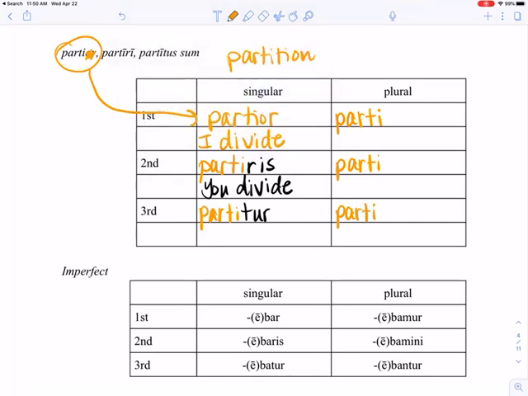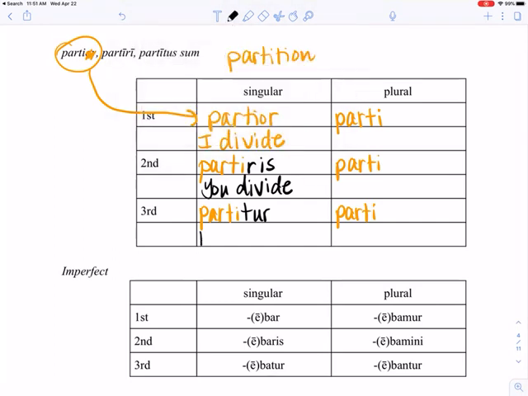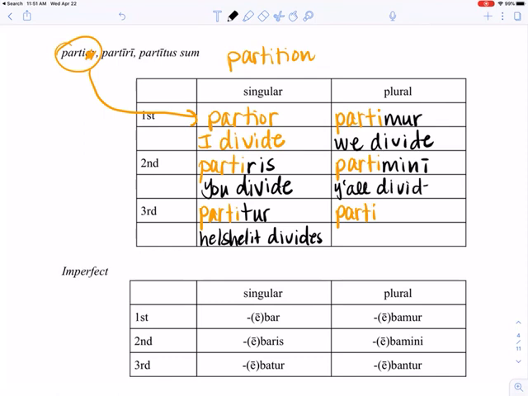Let's fix this. There we go. Sorry, guys. He, she, or it divides. You'll add mur to partimur, and this is we divide. You'll have partimini for second plural, and that's y'all divide. And then for third plural, you'll have partiuntur, and this is they divide.